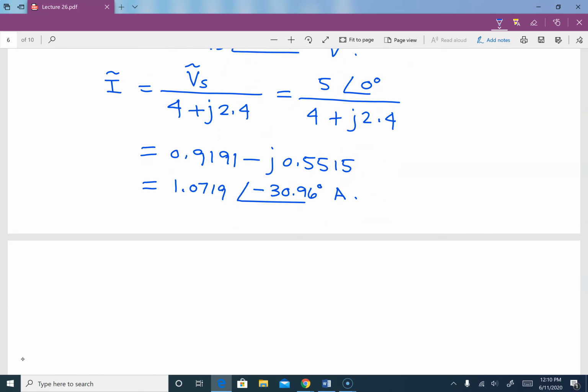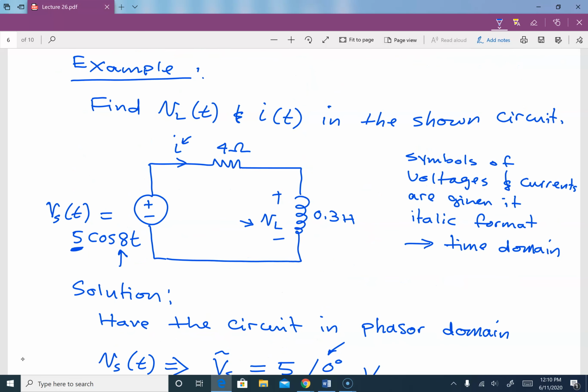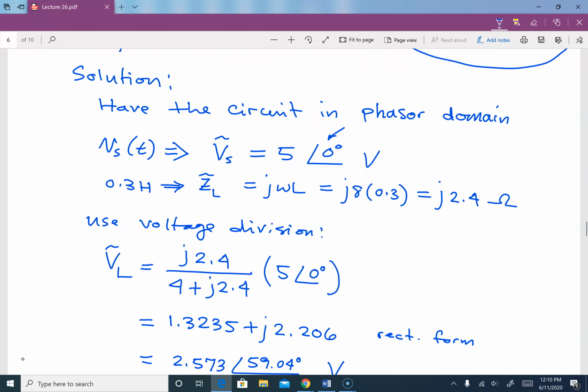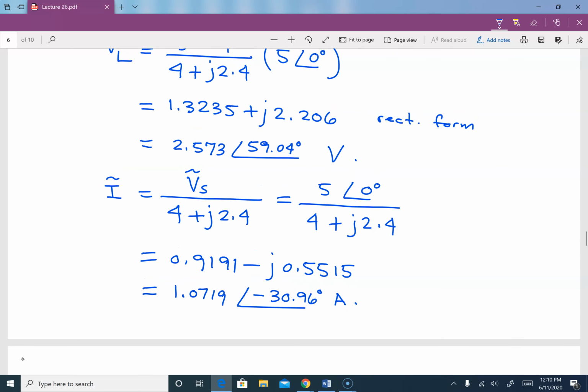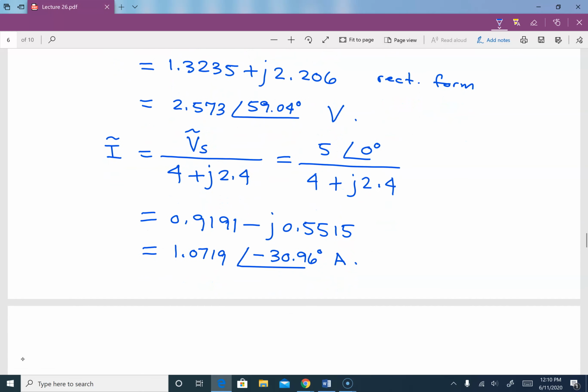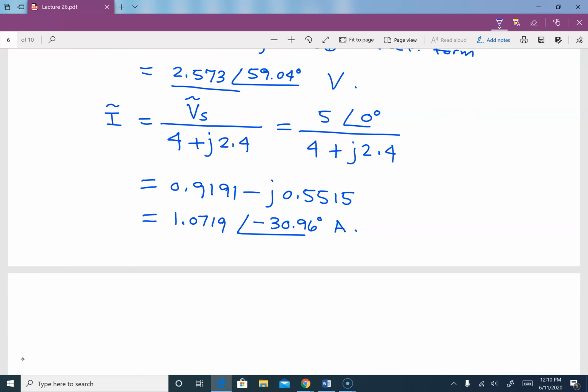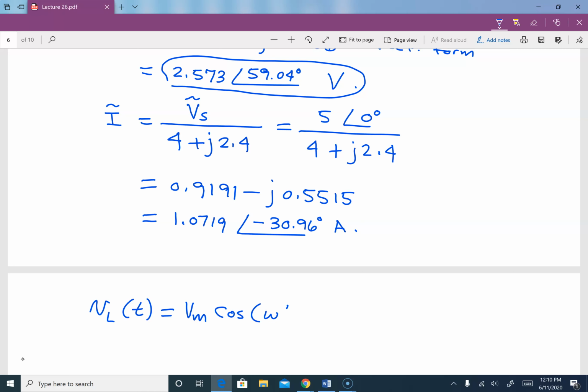So now the question is telling us to find this quantity and this quantity, and these are in time domain based on our explanation here, right? That is needed in time domain. So we look at our VL. We can say VL of t is equal to, if you remember, Vm cosine omega t plus theta v.